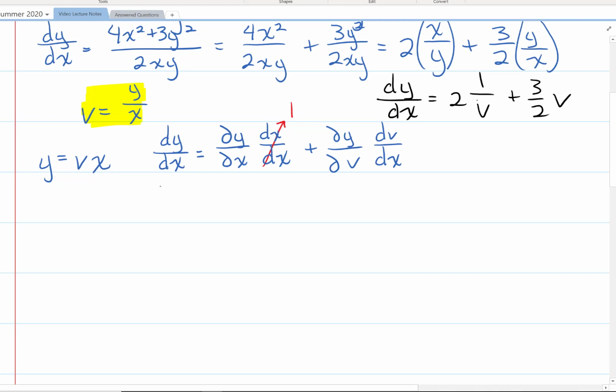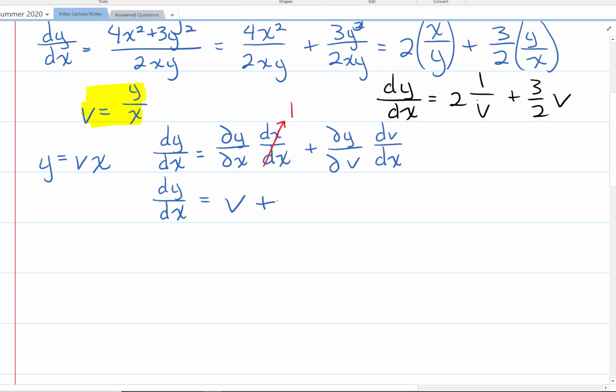So what that gives me for dy/dx: the partial of y with respect to x says treat x as the variable, everything else as a constant. So the derivative of vx will just be v. We're treating x as a variable, v is just a constant. And then dx/dx is 1, so we don't have to worry about that.